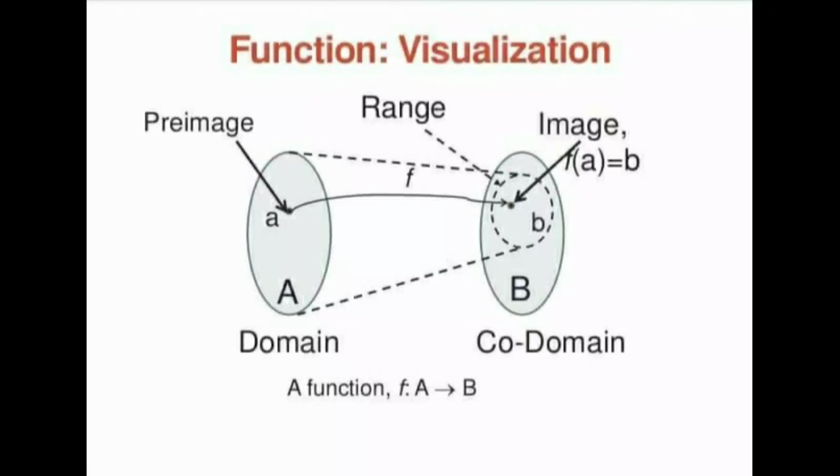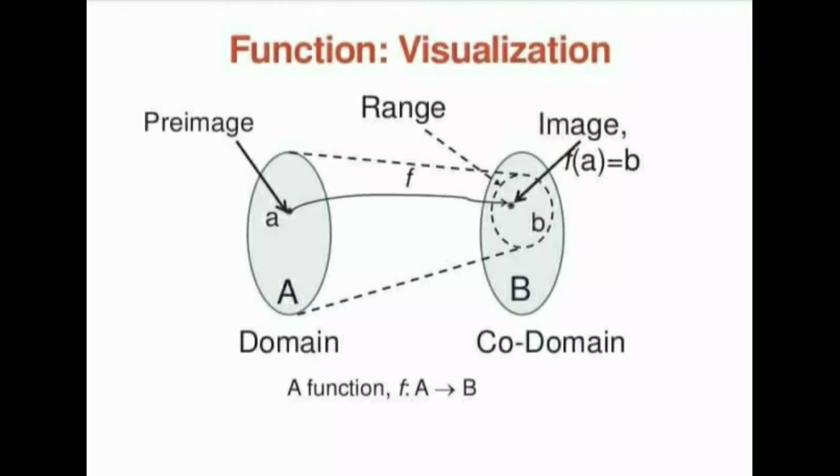The value of a under f is called the image of a, and its value is small b. This value is the range, and range is a subset of the codomain. So you already know what is a subset.